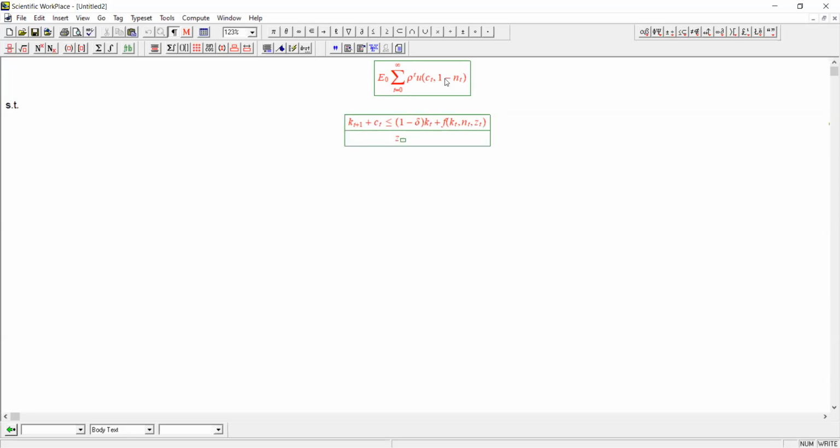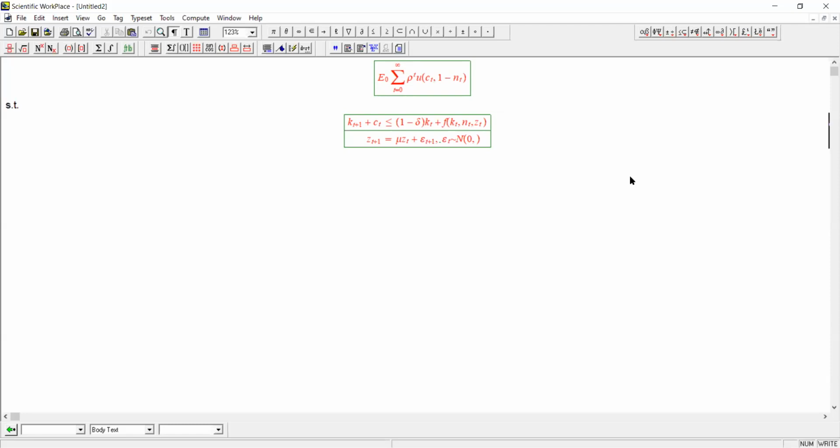There is also going to be a law of motion for z. Let's just say that z follows an AR1 process with a random disturbance. The random disturbance will follow some stochastic process.